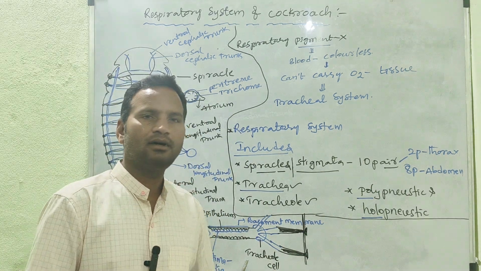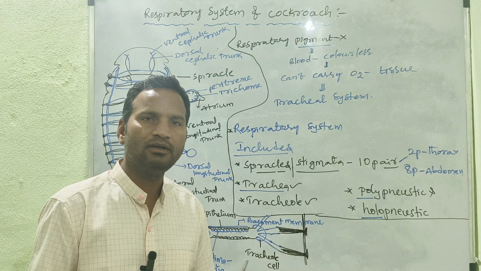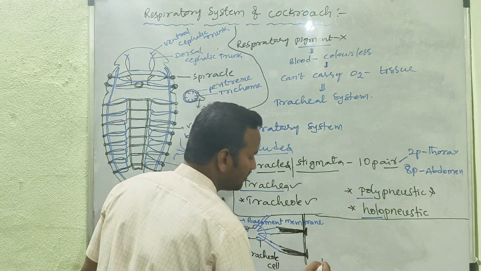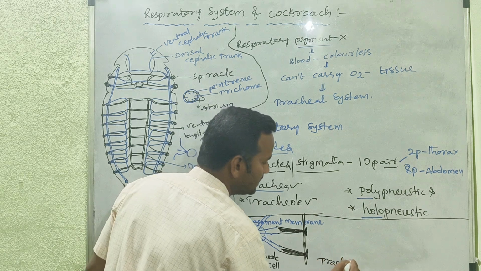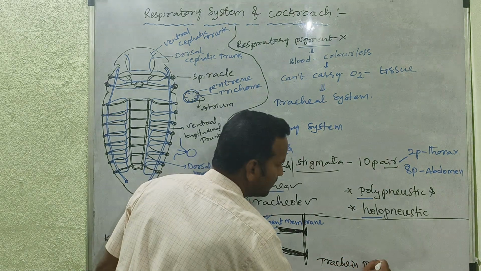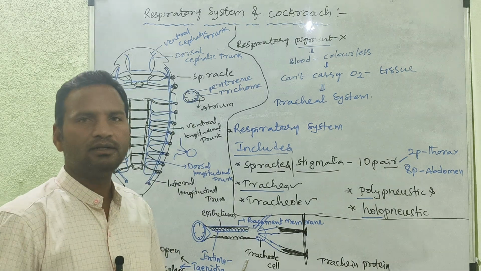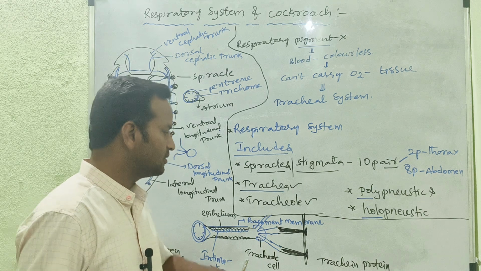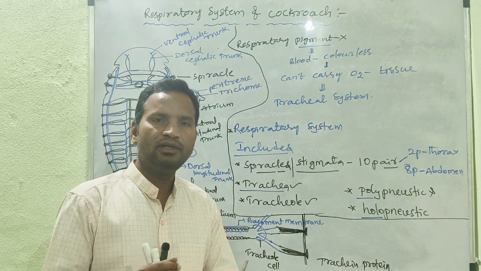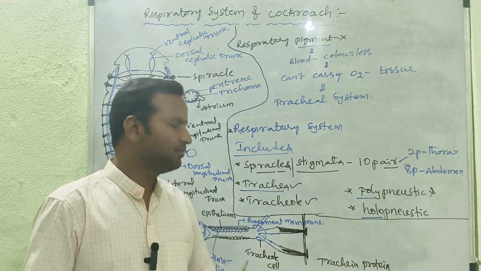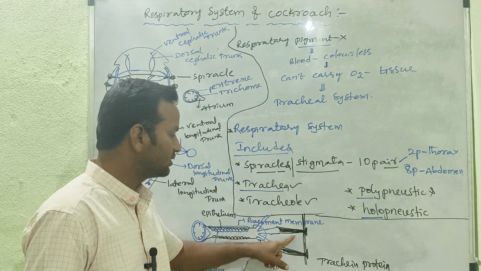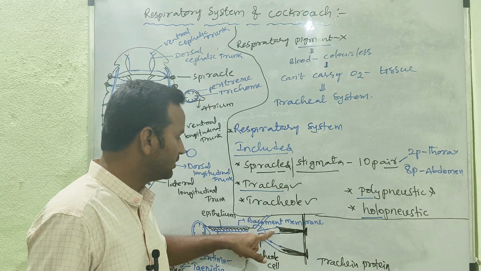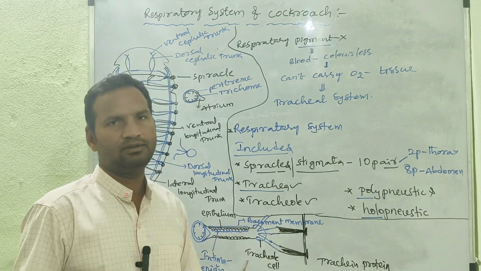The tracheoles are made up of a protein called trachin. Yes, this is the protein. The tracheoles are usually filled with a fluid. I already gave such a diagram, but with no fluid: without fluid tracheoles, and with fluid tracheoles.